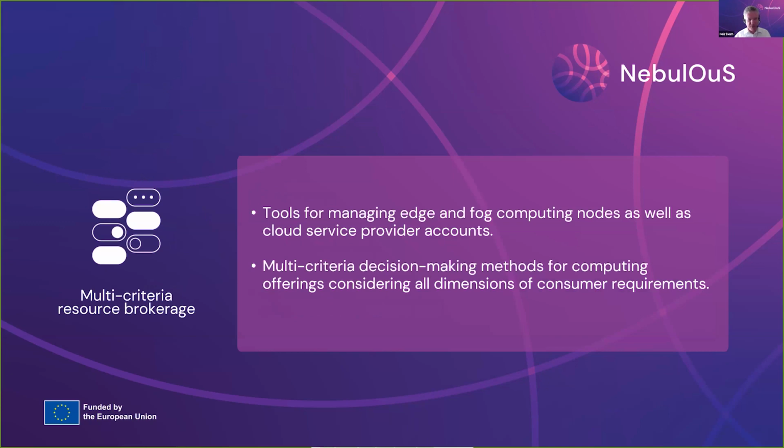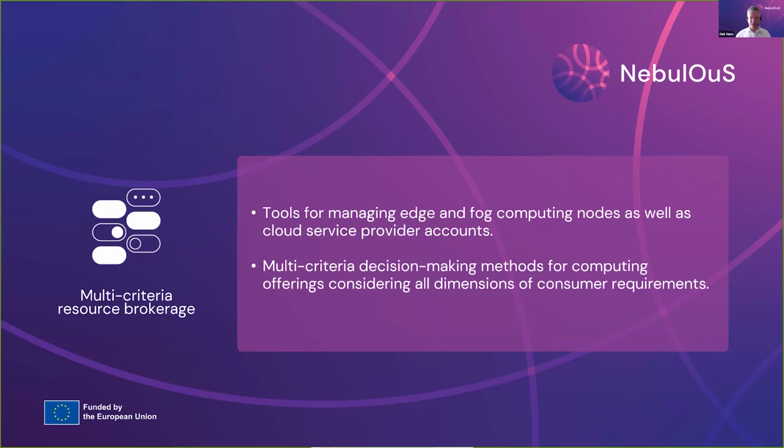Then we have multi-criteria resource brokerage. If someone wants to offer resources to Nebulous so that Nebulous can distribute them to the applications, then these resources will be registered and managed. If they come from different providers, Nebulous will ensure that the application has one contract with Nebulous, and that the providers of these different devices are paid according to their required business models.